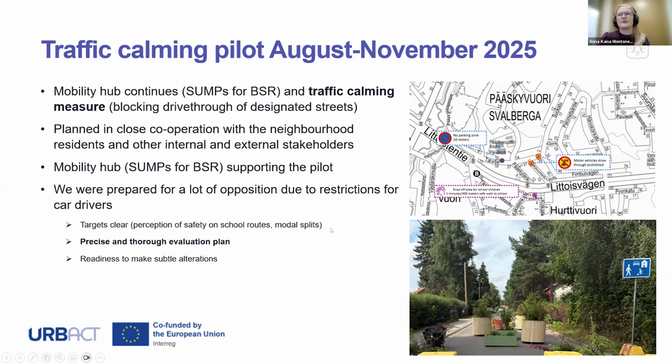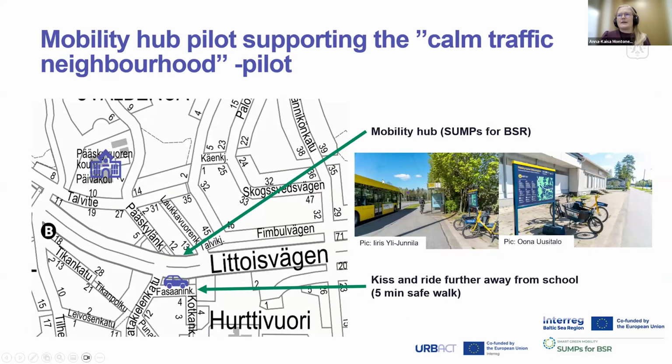Because we knew there would be a lot of opposition, we had to make a very precise and thorough evaluation plan to see how it actually goes and whether it has an effect. So here's also the mobility hub pointed out with e-cargo bikes and city bikes, bus stop, e-scooters, and so forth. And here's the kiss and ride spot.